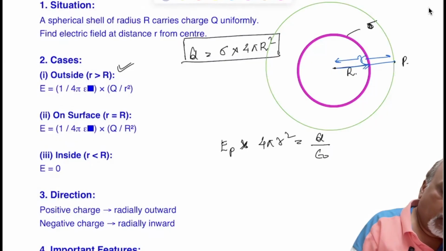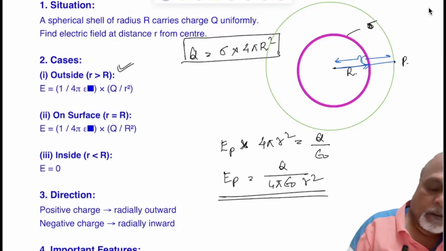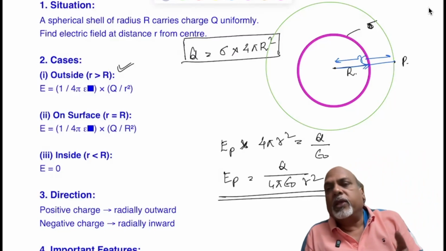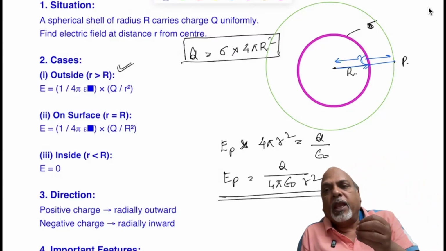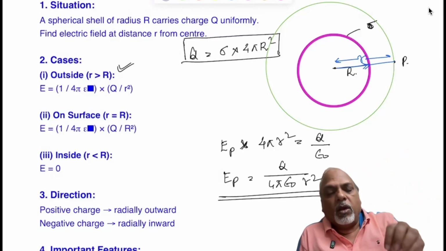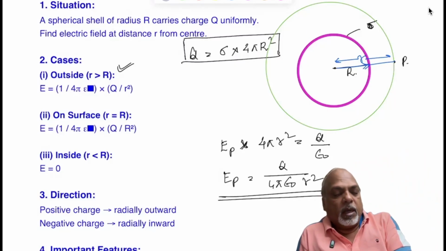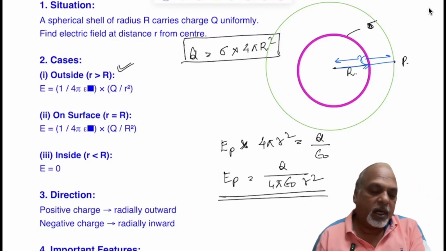And EP we can write as Q upon 4 pi epsilon 0 r square. It is the same as what we calculated for the point charge. That means even if the shell surface has the charge, it is considered as being at the center, the same as we used for a point charge.